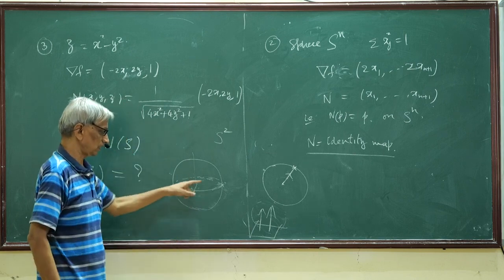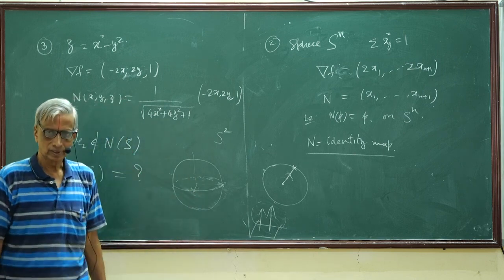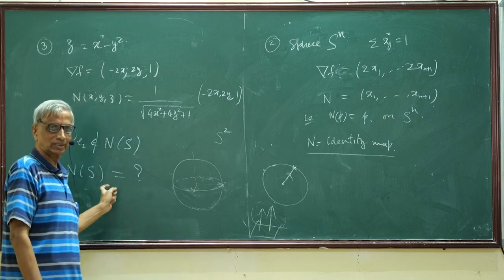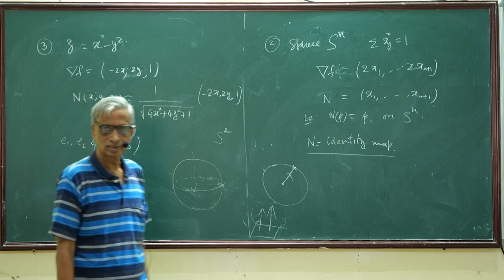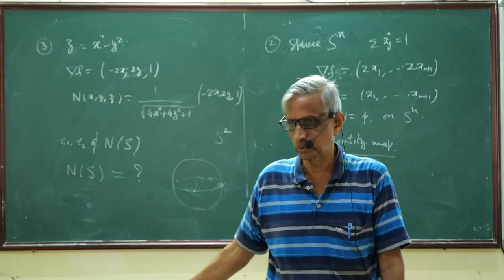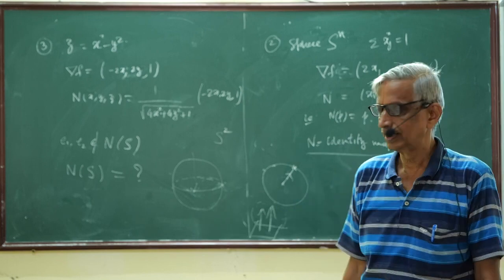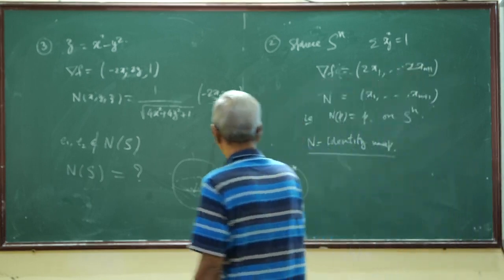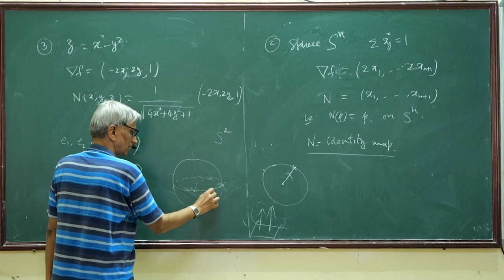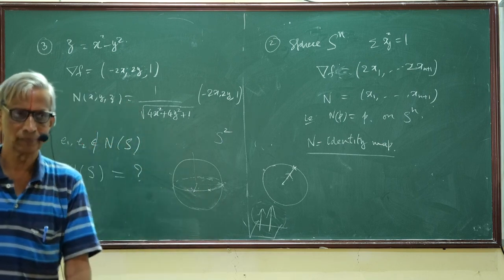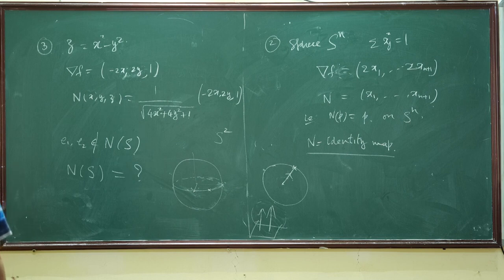So these points are not there, already we have mentioned. Is there any point on this equator in the image? We have just said plus or minus E1, E2 are not in. Some point here, for example, is that in the image? None of the points on the equator lie in the image.